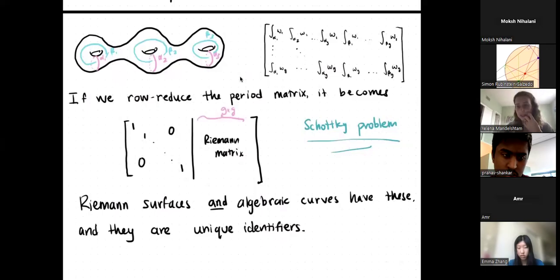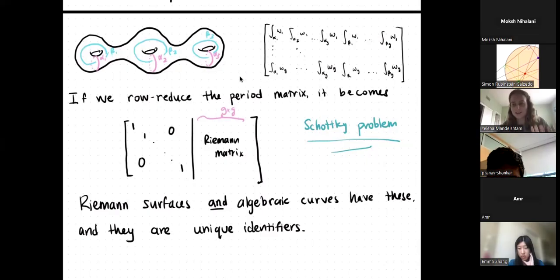Sometimes you can say this is definitely not a Riemann matrix. There's a thing you can check where, if it's not a Riemann matrix, it might tell you that it's not, but it might not give you an answer. So you have these partial answers.